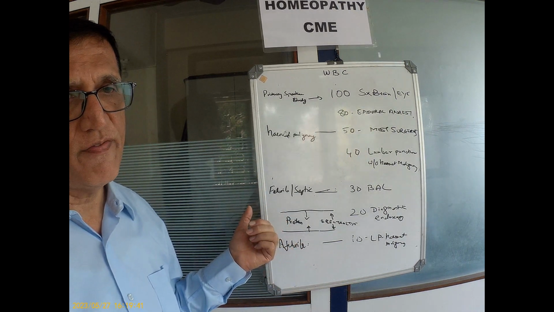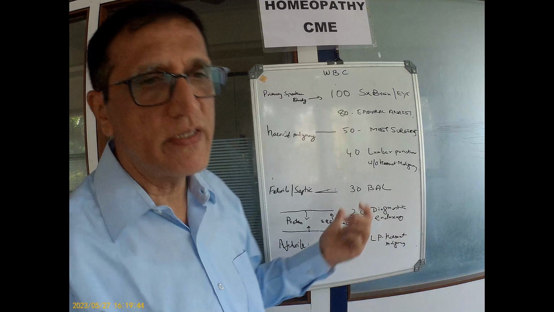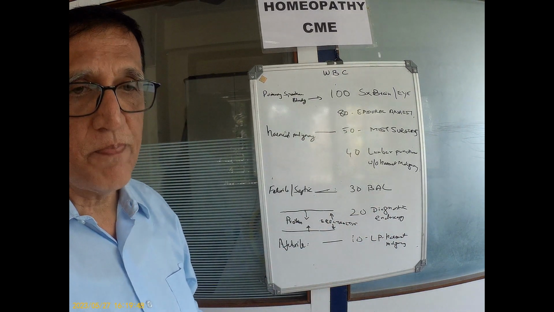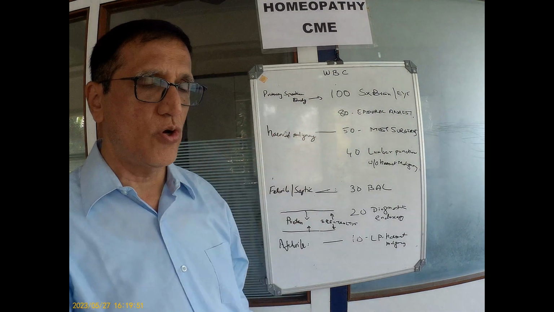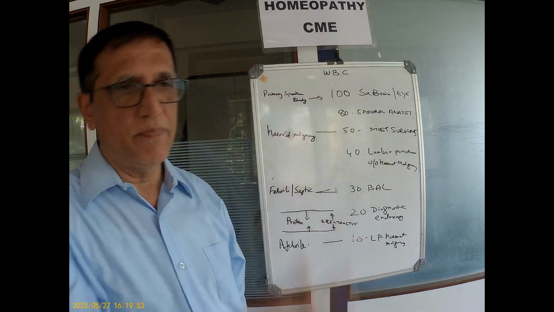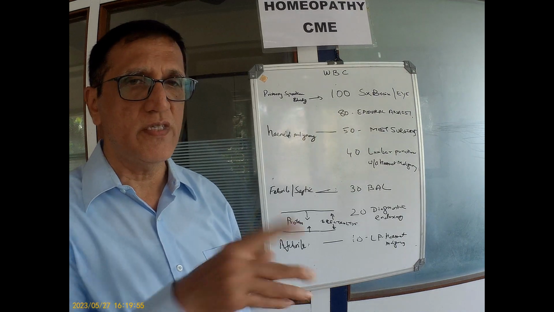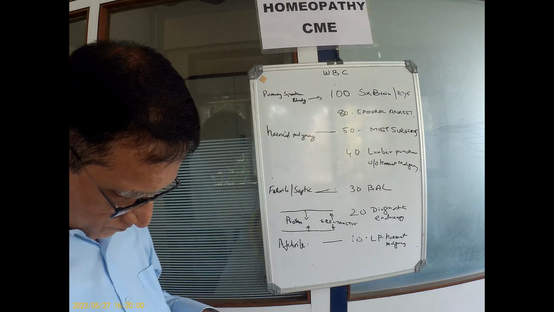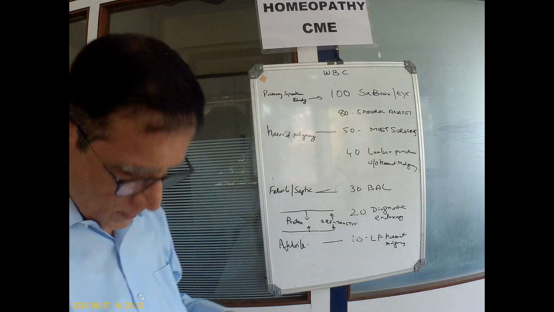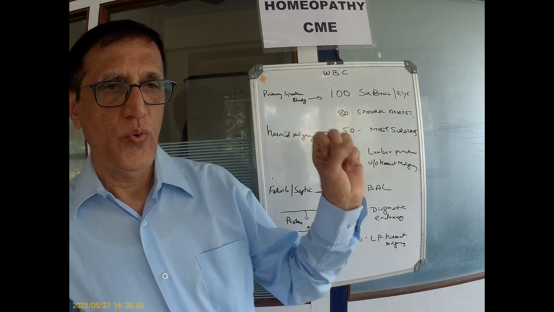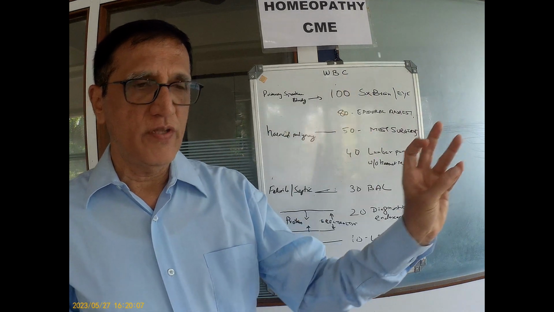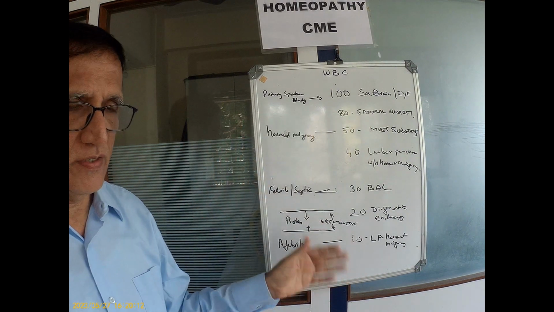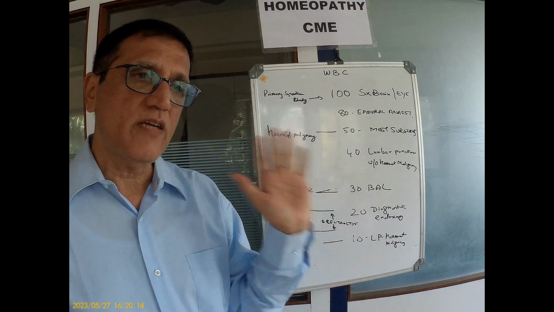It's a sign of impending shock syndrome. Okay. So what is pulse pressure? Pulse pressure is the difference between the systolic and diastolic. Supposing the BP is 100 by 80, the pulse pressure is 100 minus 80, which is 20. Now, this is because the fluid has leaked out of the blood vessels. Extravasation.